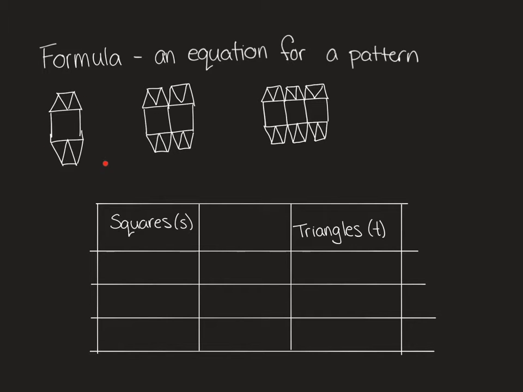If we were to look at each of the diagrams, we would see a square and some triangles. So if we look at the first when there's one square, we have 1, 2, 3, 4, 5, 6 triangles. So we would put 1 in the squares column and 6 in the triangles column.